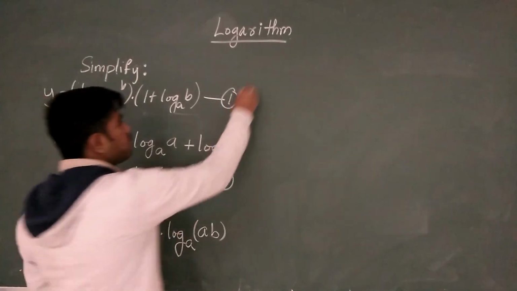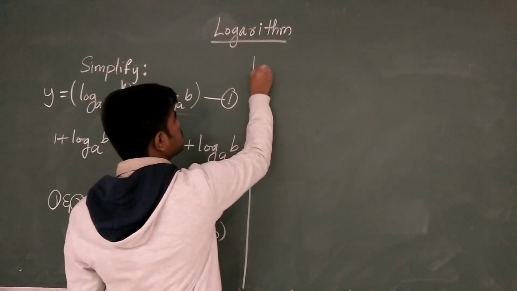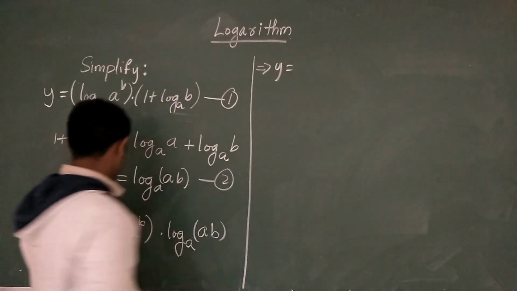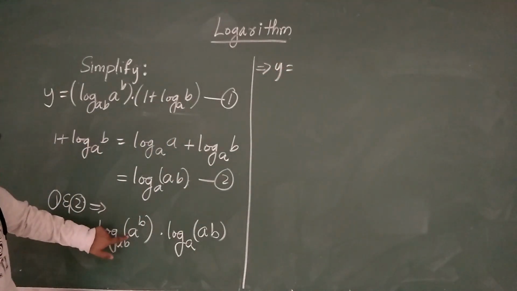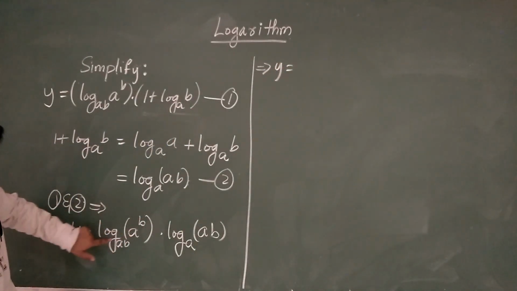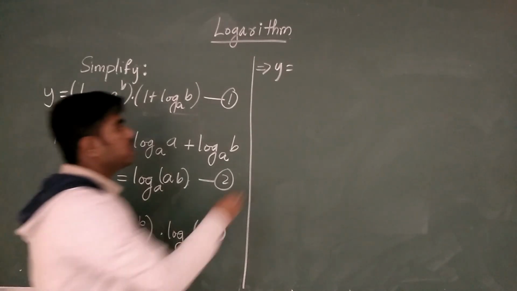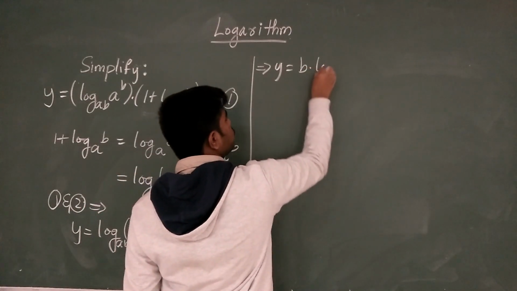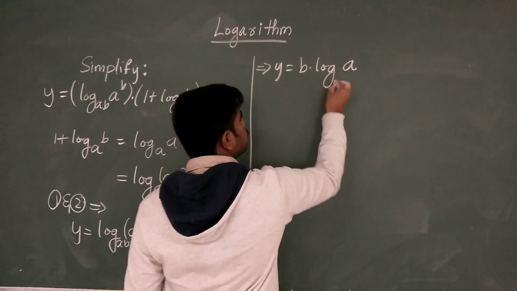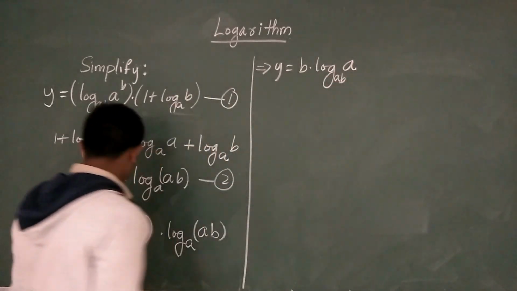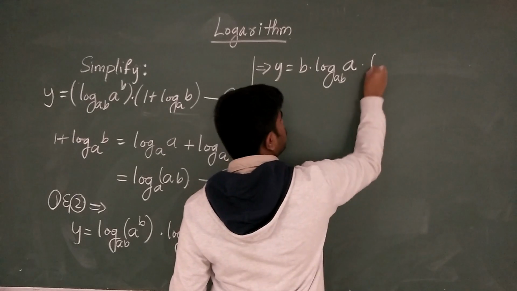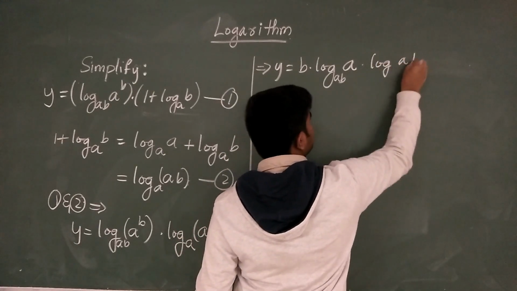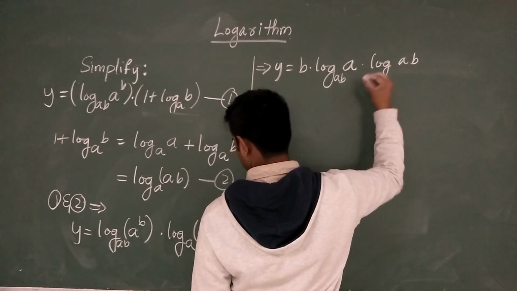So this implies y is equal to, what is log of a raised to b? That is b into log a. So I can write this as b into log a to the base ab into log of ab to the base a.